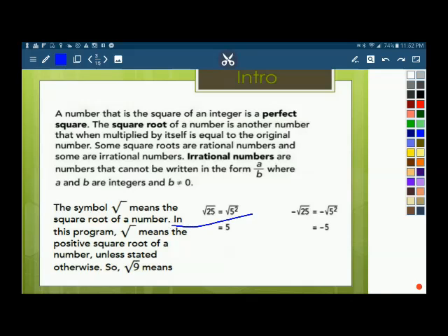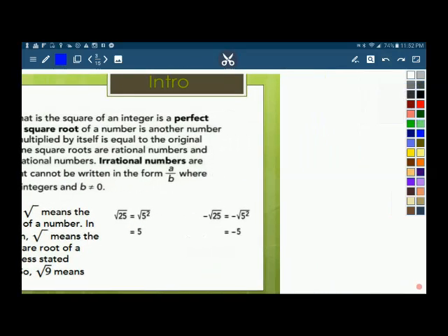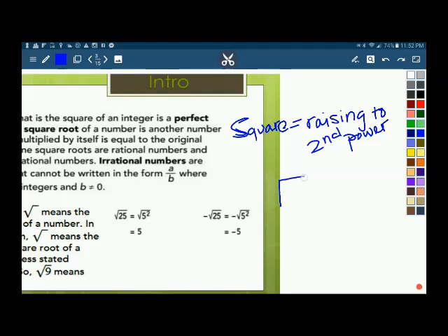Now I'm going to make a little side note that the word square, sorry, that's supposed to be an S, is equal to raising something to a power of 2. Okay, the reason why we call it a square is because it's like timesing something by itself, which if you think about a geometric square, if you're thinking about the area of a square, well, area is equal to length times width.